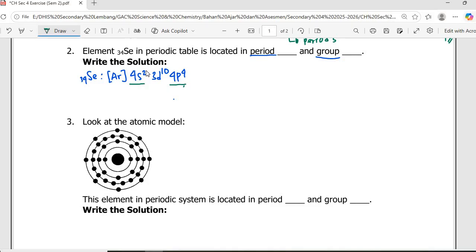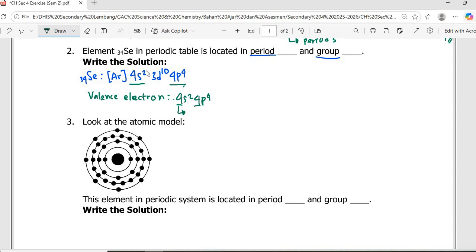So the valence electrons are 4s2 and 4p4. Now, from these valence electrons, we know that the coefficient is 4.